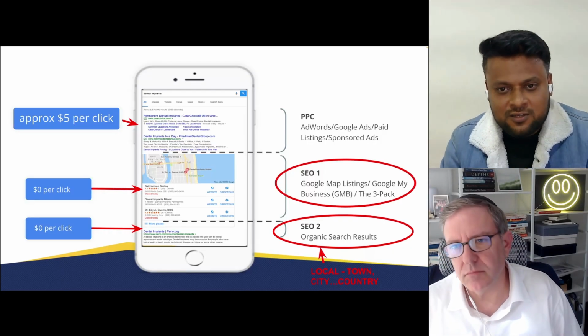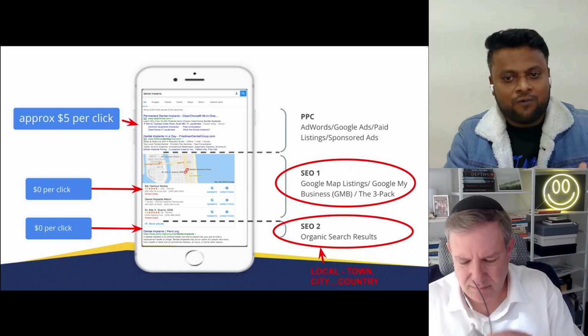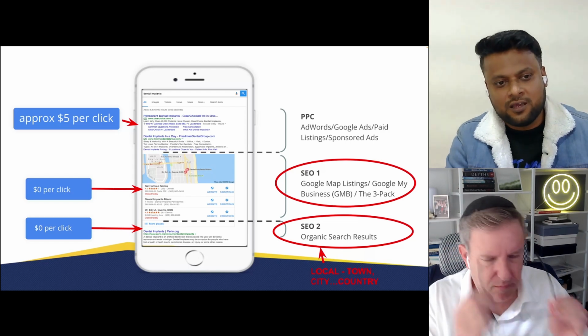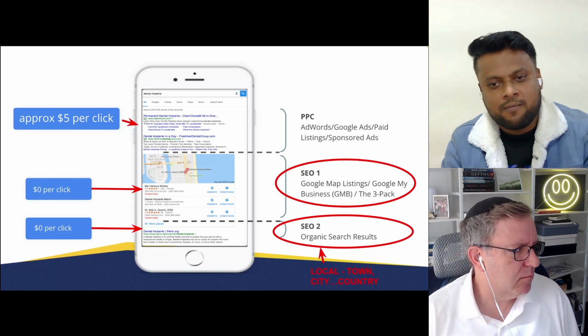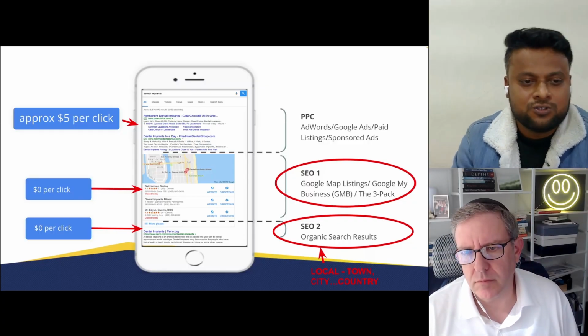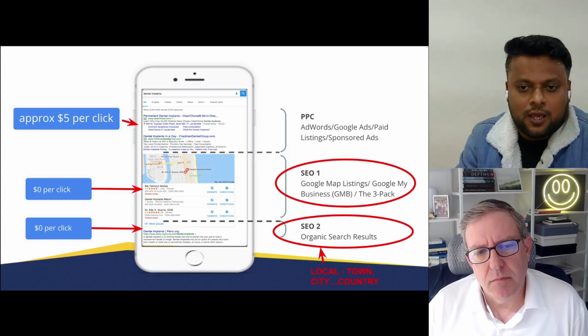What are the credentials of the doctor who's going to take care of the procedure? So you go for organic search results and click on a listing, probably 1, 2, 3. And that's how you decide. Which is why SEO 1 and SEO 2 are really important for one's decision making.